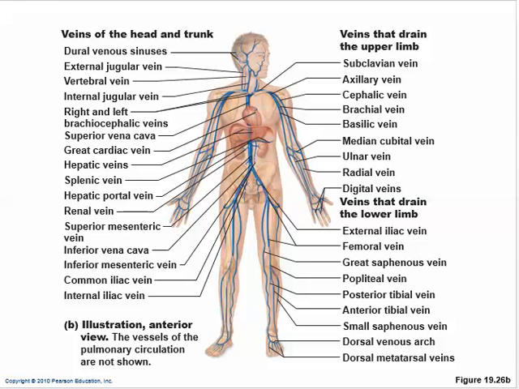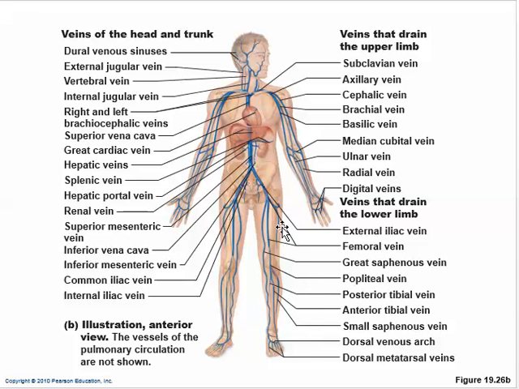The only trick is to make sure that it goes in the right direction so that the valves don't cause problems. Up the lateral side of the leg, not the thigh, is one called the small saphenous vein, and it drains the lateral side of the calf.